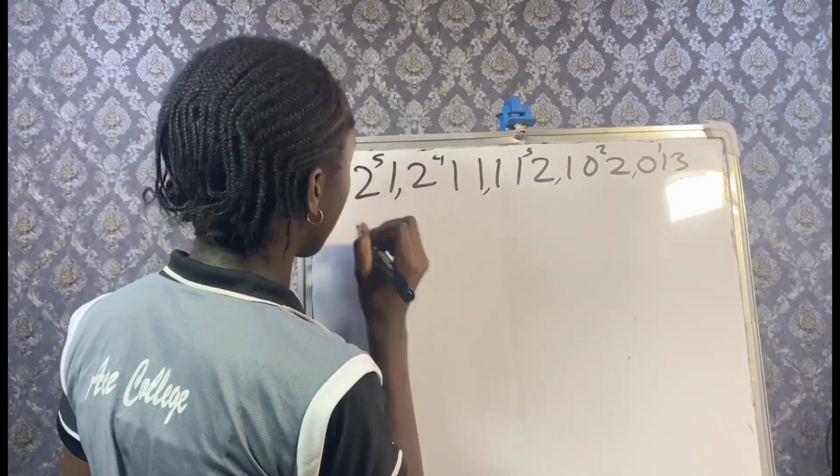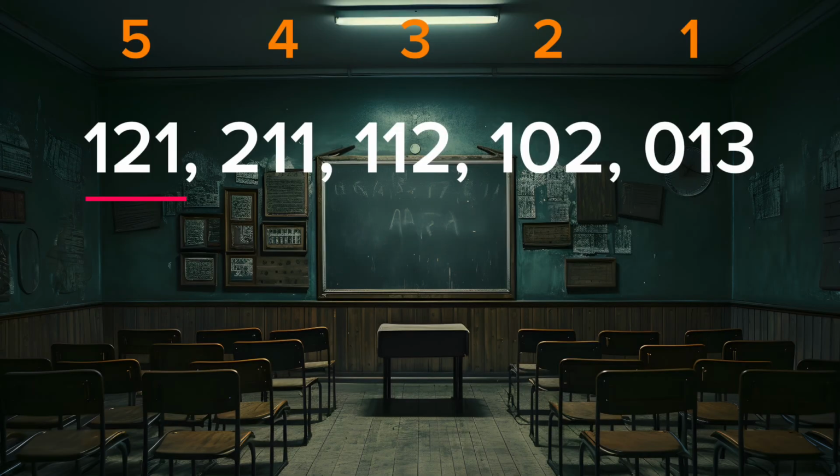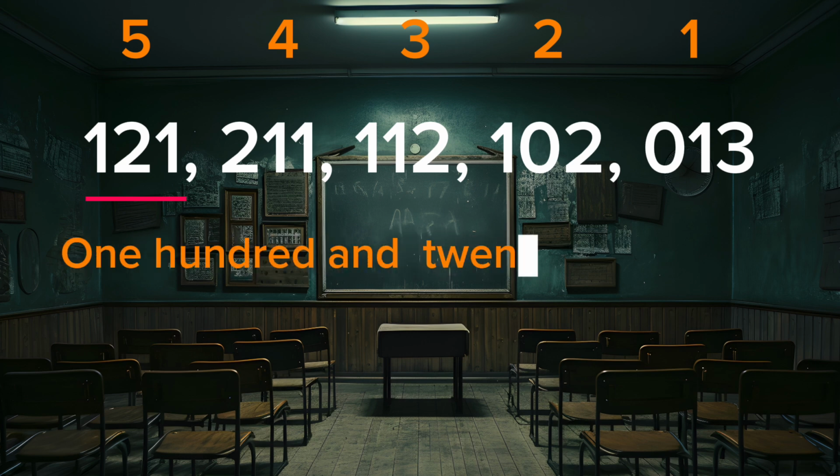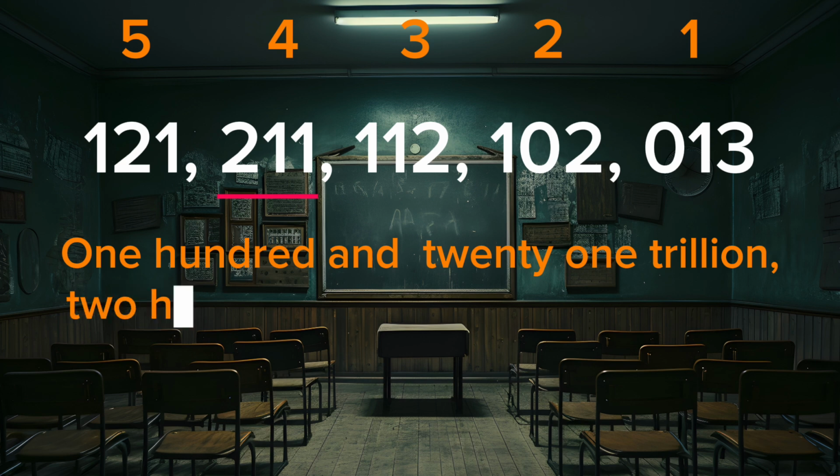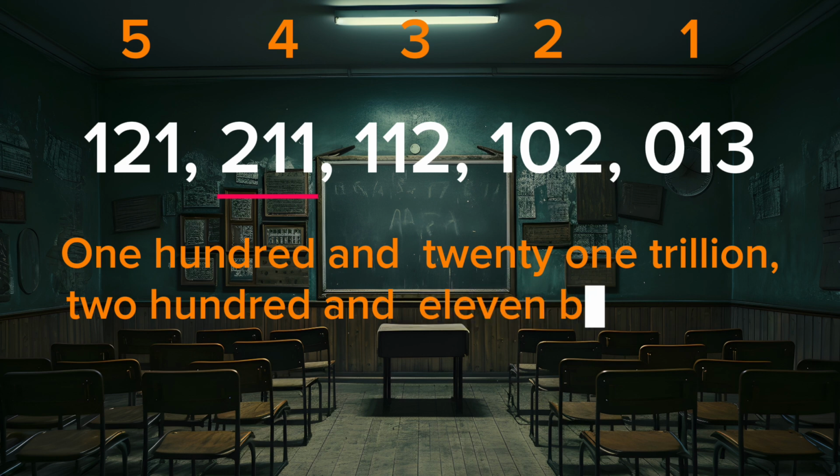To write it in words, the first group, which is in trillion, we write 121. Then we call the group, which is trillion. The next group, which is billions, we write it out 211 billion.